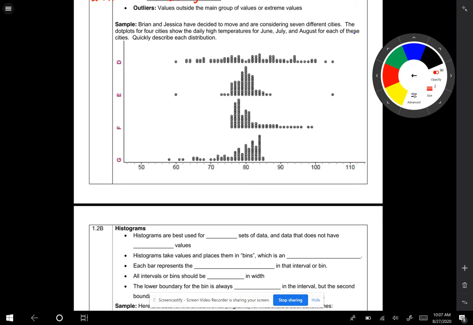So shape, outlier, center, spread, whatever order, it doesn't matter. We don't really know individual exact values. So most of the time when we don't know that, we're going to use our mode for center, since we don't know individual values.